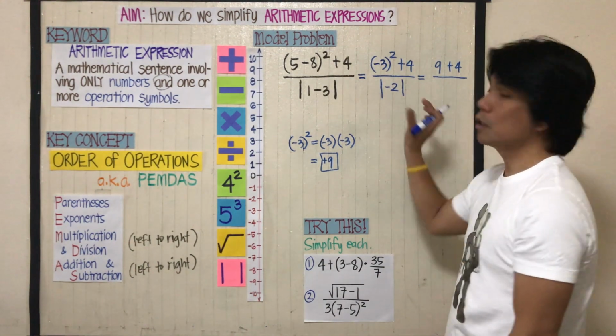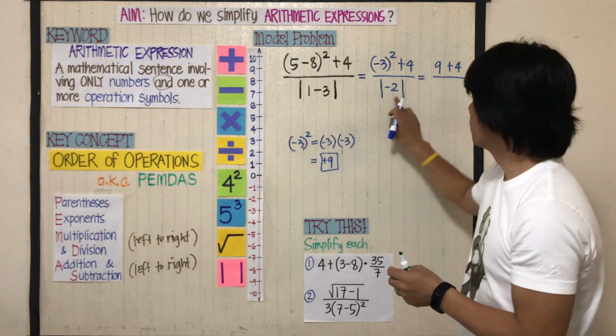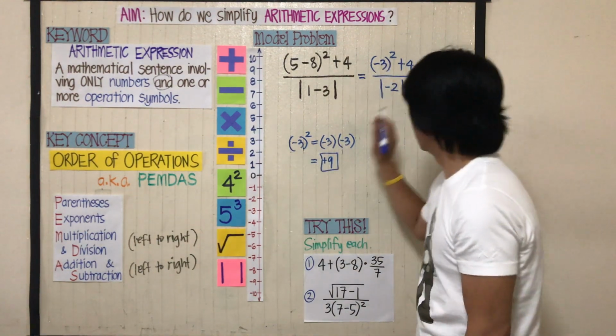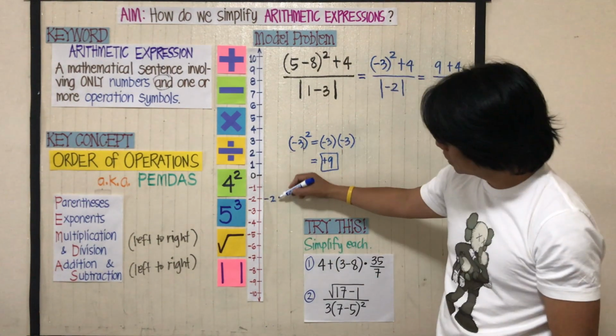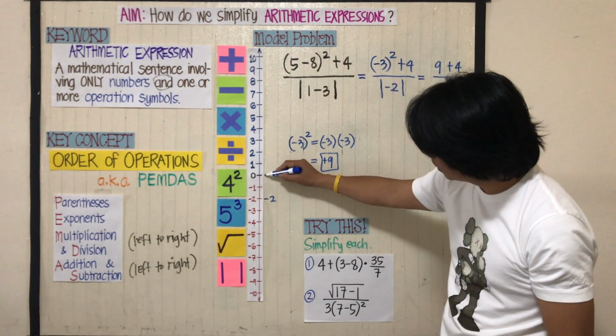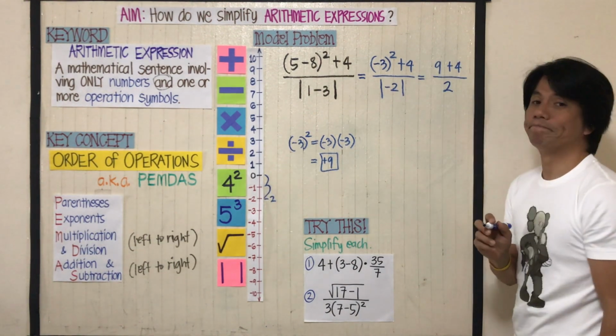Remember, the absolute value of any number is its distance from 0. On the number line, negative 2 is right here. The distance of that number from 0 is 1, 2. So it's simply 2 here.